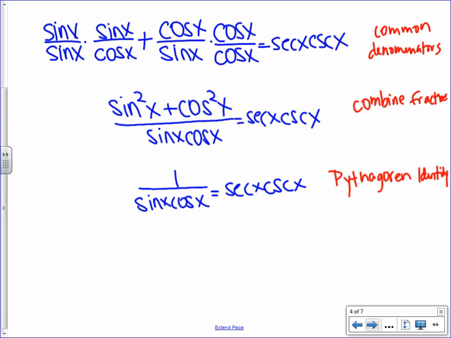What do you notice? Okay, what's 1 divided by sine of x? Cosecant. And what is 1 divided by cosine x? Okay, and what identities did we use there?